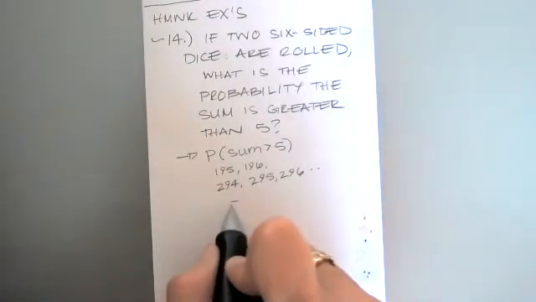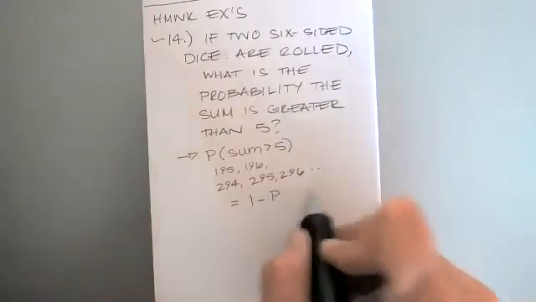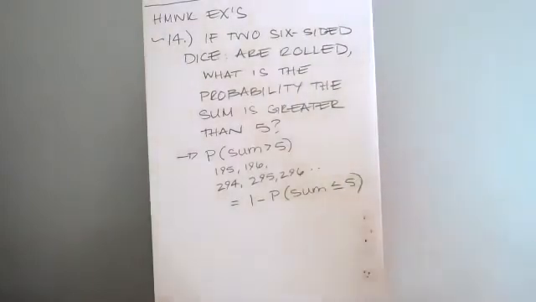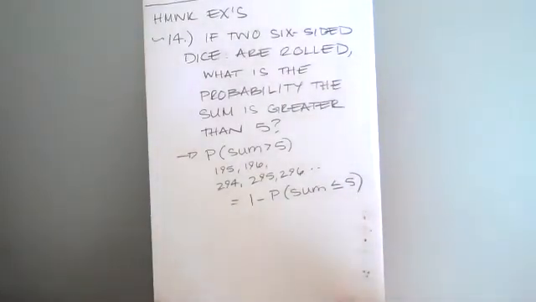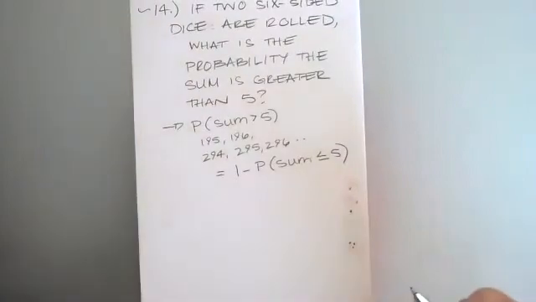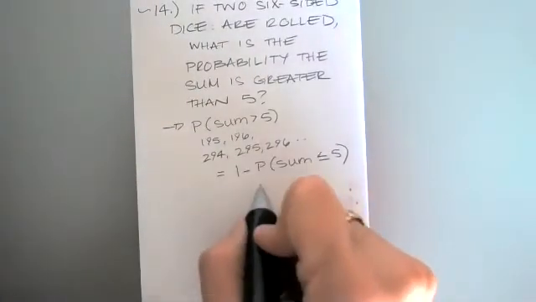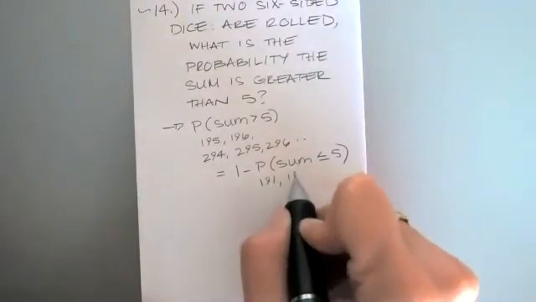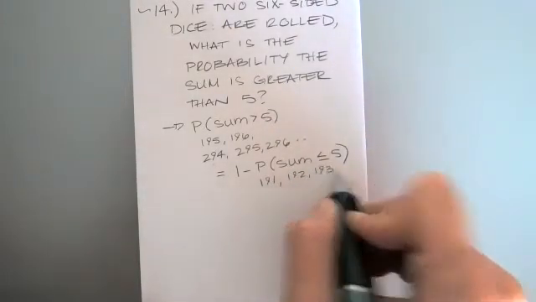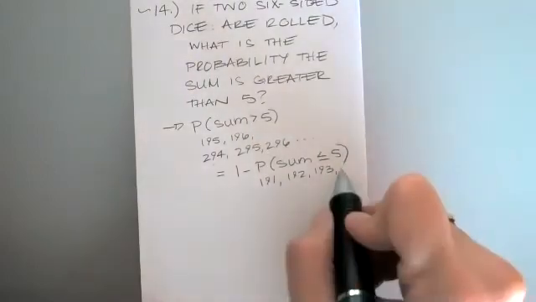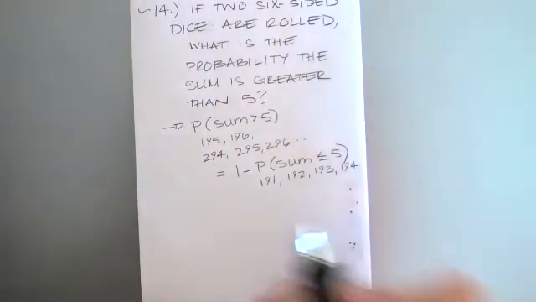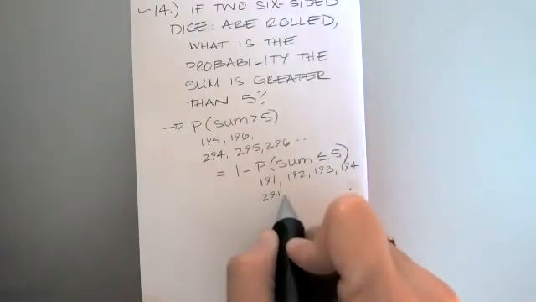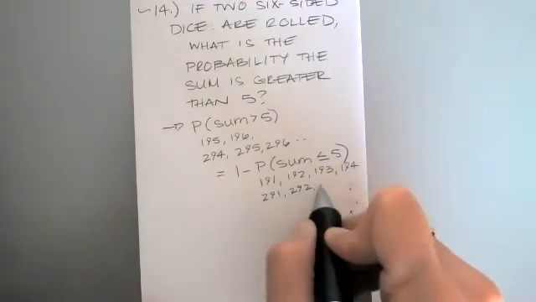So I think it might be easier here to say 1 minus the probability that the sum is less than or equal to 5, because then there's less options. Exactly. If I don't have the chart with me, I would say 1 and 1, I could roll snake eyes. I could roll 1 and 2, 1 and 3, and 1 and 4. Then I could roll 2 and 1, 2 and 2, 2 and 3.